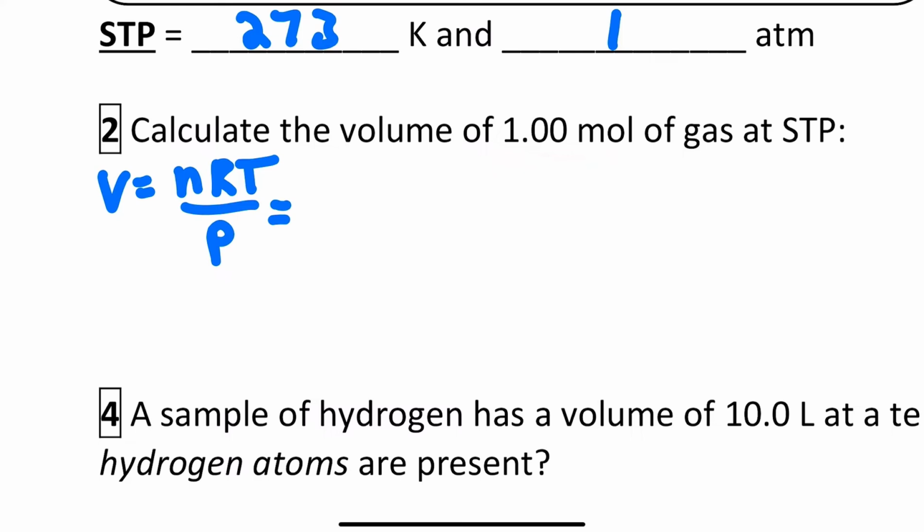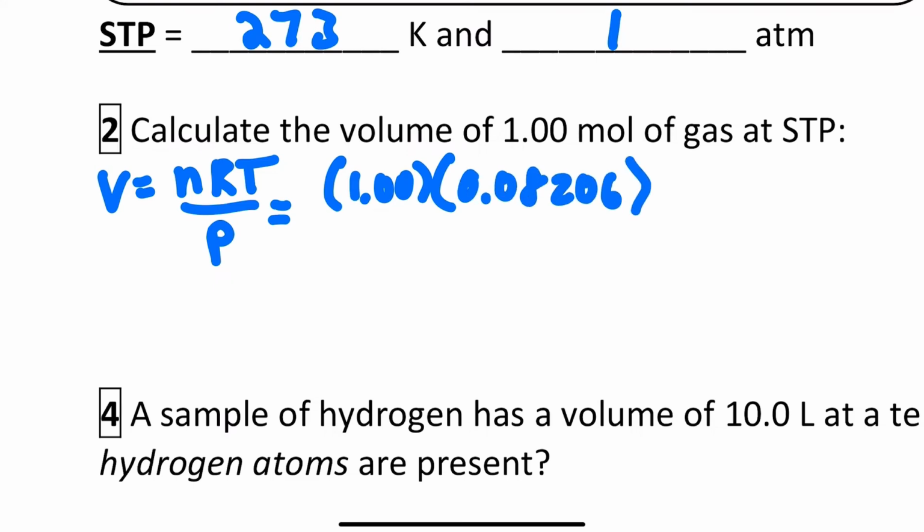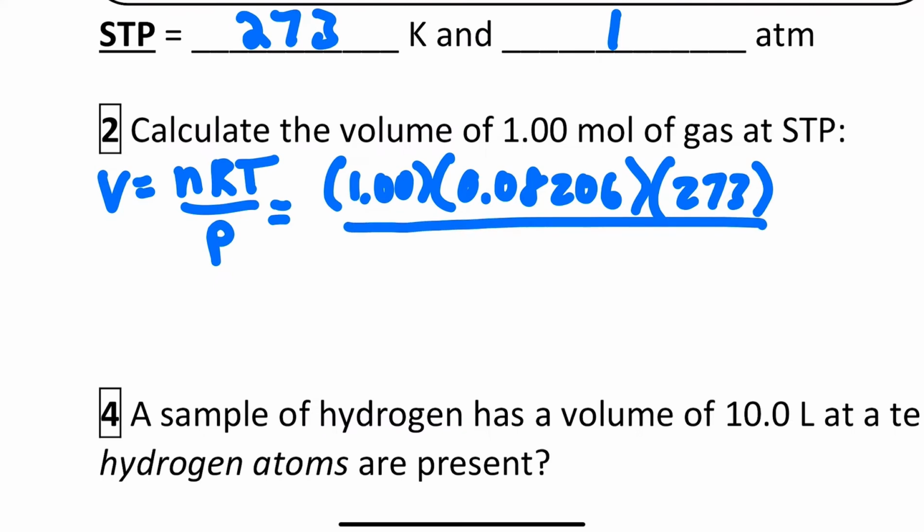I have 1 mole of gas, so 1. R is that new constant, 0.08206. Temperature is standard temperature, 273. And P is standard pressure, which we just saw is 1 atm. I'll actually say 1.00, just to throw some extra sig figs in there.